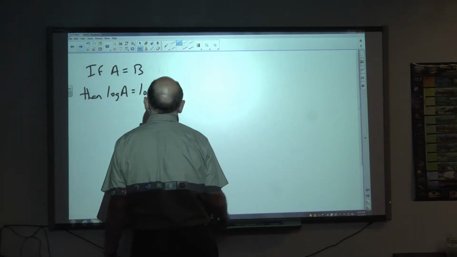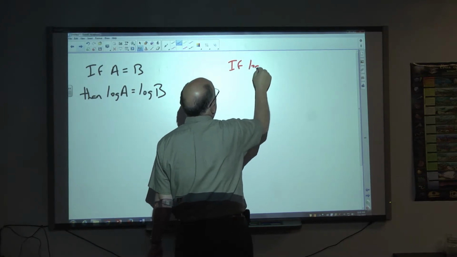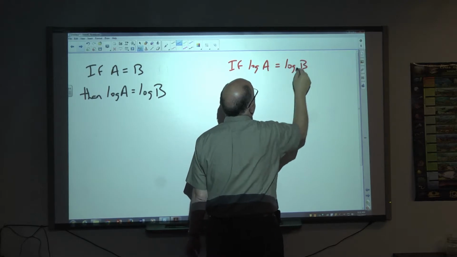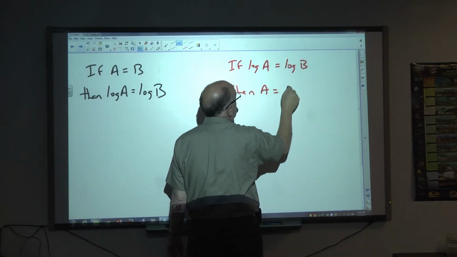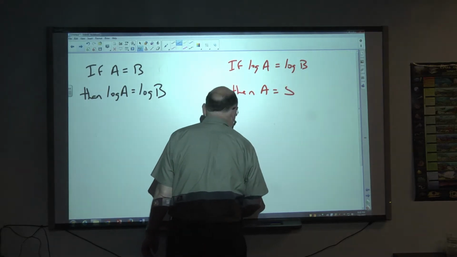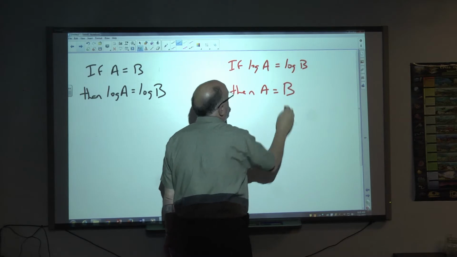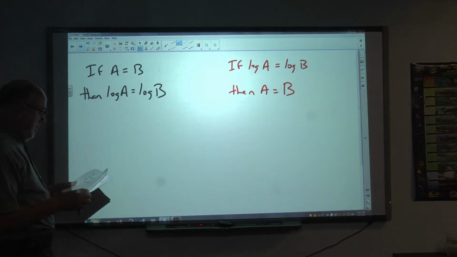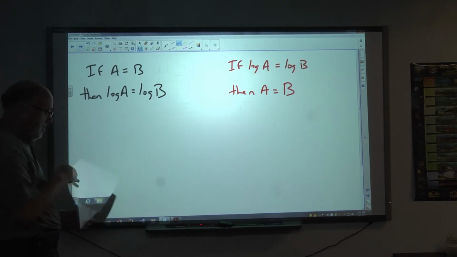And then also if the log of A is equal to the log of B, then A has to equal B. So we have those things we're going to make use of in terms of solving for x, right?